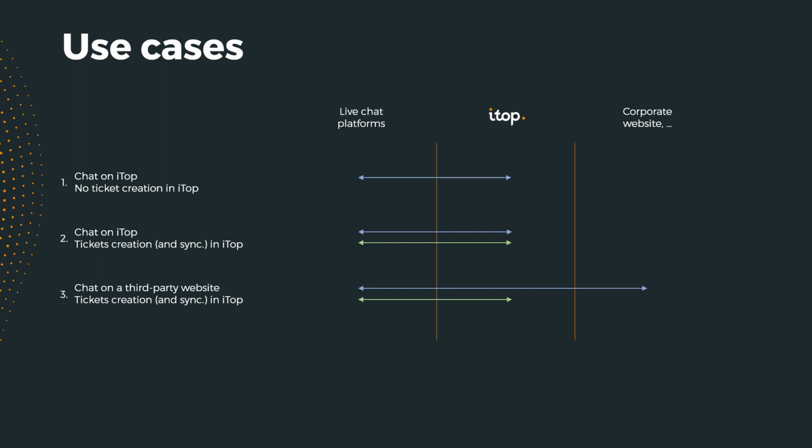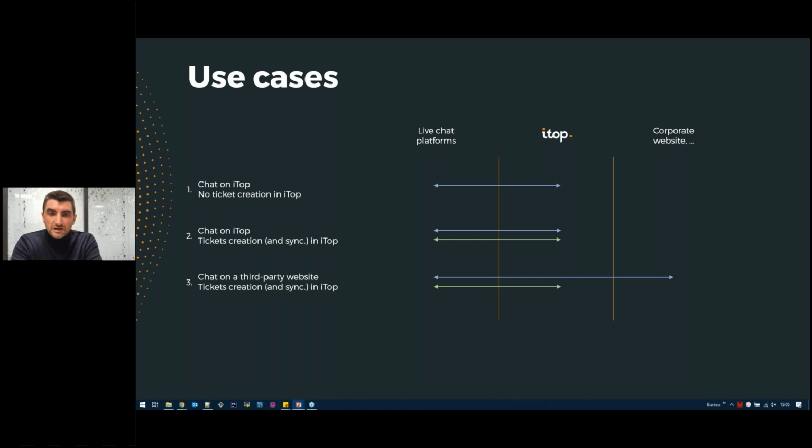The support agent is on Intercom or Talk.to, and the support agent can escalate the ticket to a third party, which will be in iTop. So in this case, we have three different environments: the corporate website, where the customer starts the conversation, first level support agent, and then second level support agent in iTop. Today, we will focus on scenario 1 and 2.